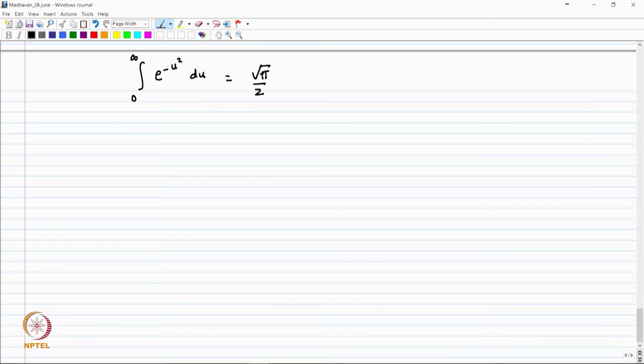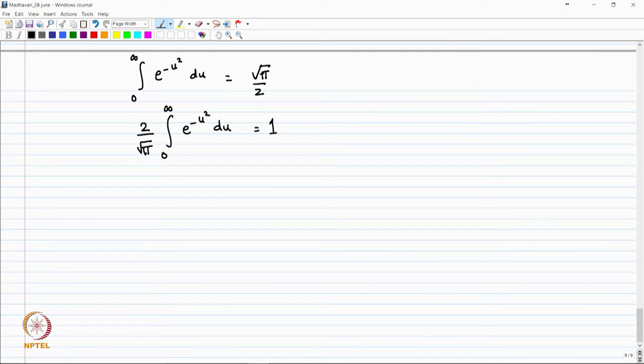Or in other words, 2 by root pi integral e to the minus u square du from 0 to infinity is equal to 1.